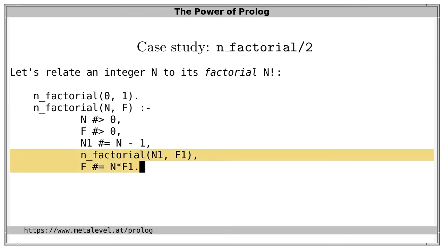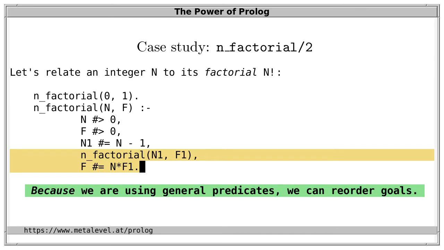And another thing we can do to cater to the procedural semantics of the default execution strategy is to reorder goals. And we can do this because we are using general predicates. So because we are using predicates that can be read declaratively, such as CLP(Z) constraints, we can reorder goals.